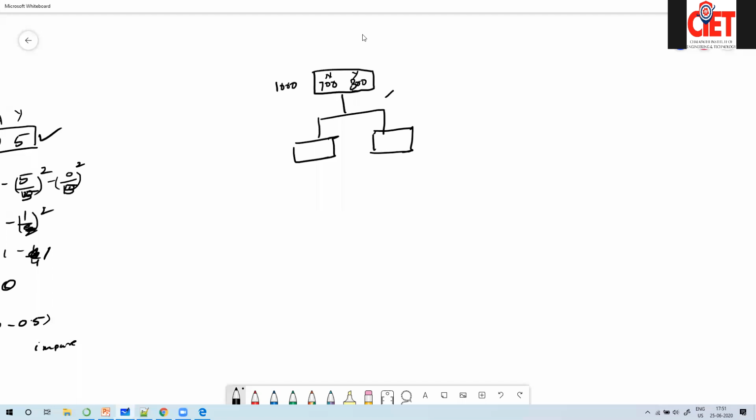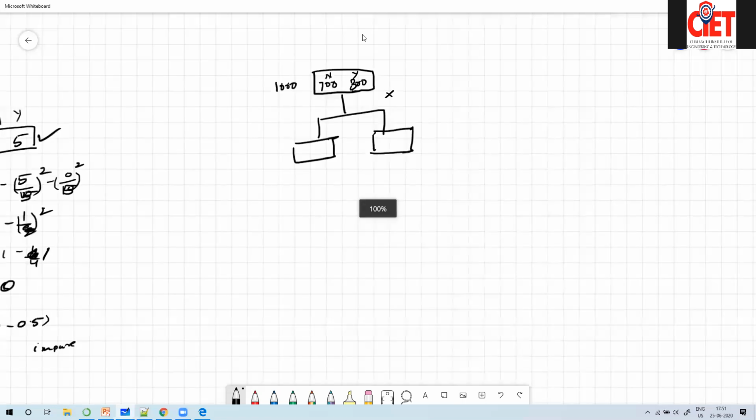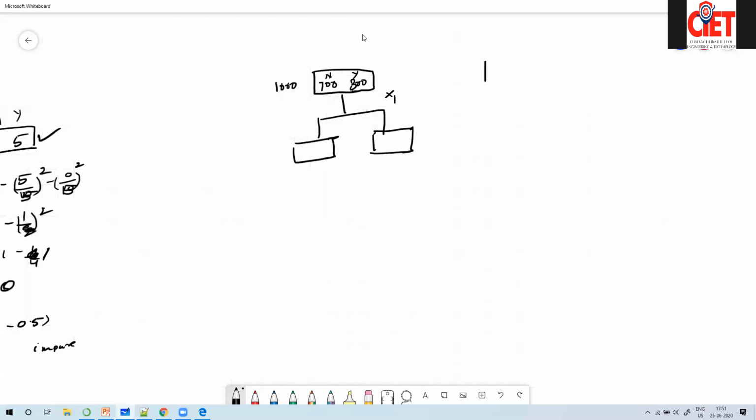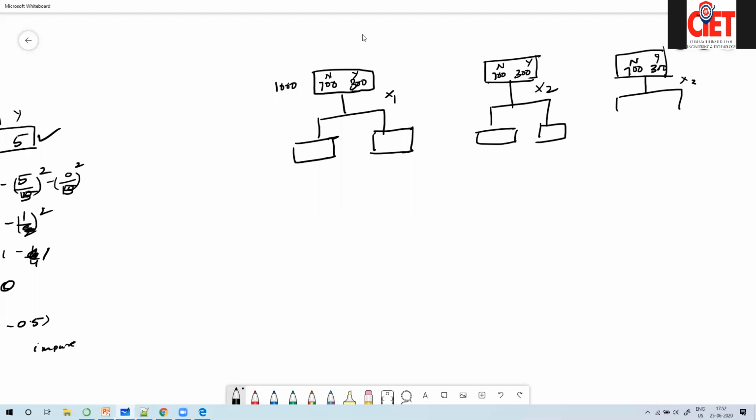We are doing it with x1 here, and we are doing this again with 700, 300, no, yes, separating this into child nodes, and we are doing it with x2 here, and we are doing the same 700, 300, no, S. Now we are splitting this with x3 here.